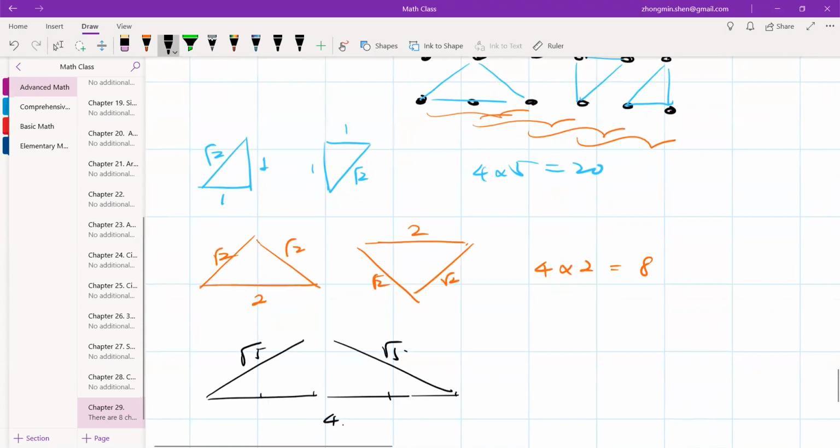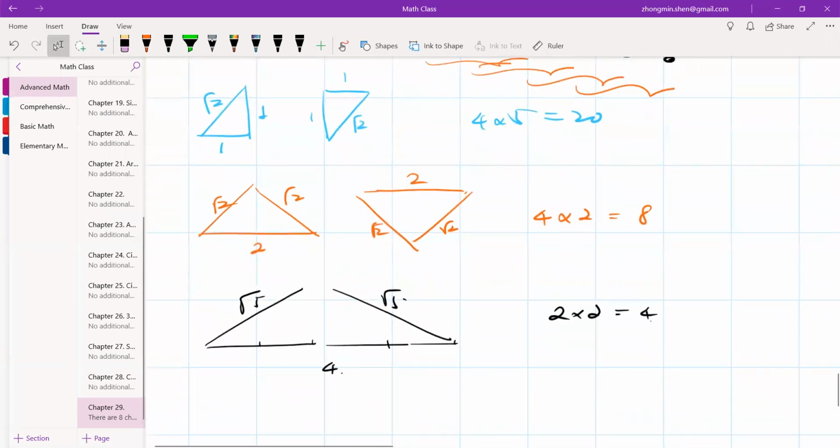So you can get 2 like that, then you multiply by 2 because it's also upside down. So 2 by 2, that'll be 4. Okay, you have 4 such triangles. You don't have any others. So the total will be 20 plus 8 plus 4, and that would be 32.